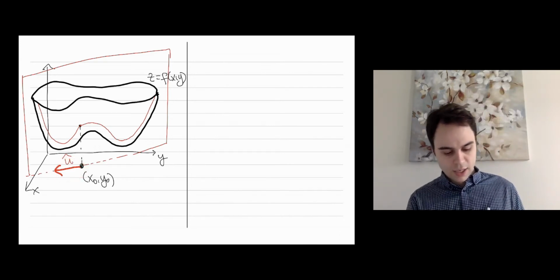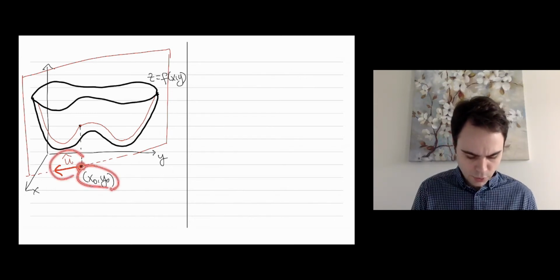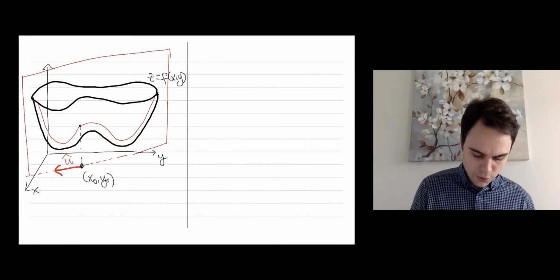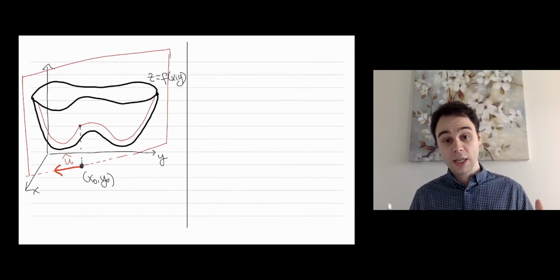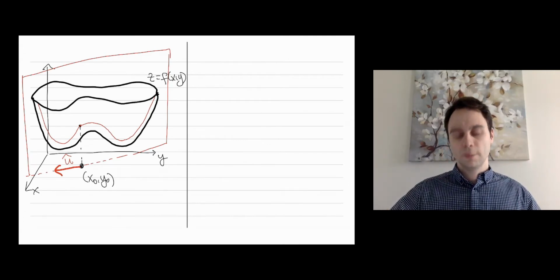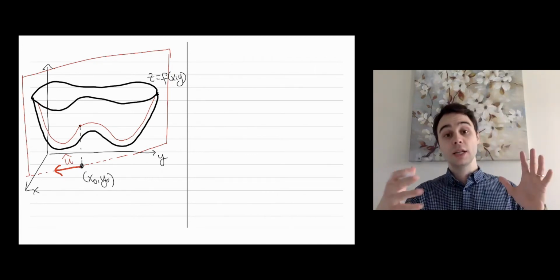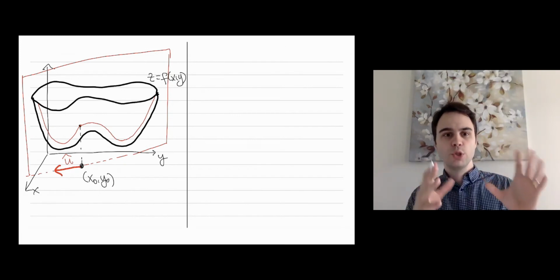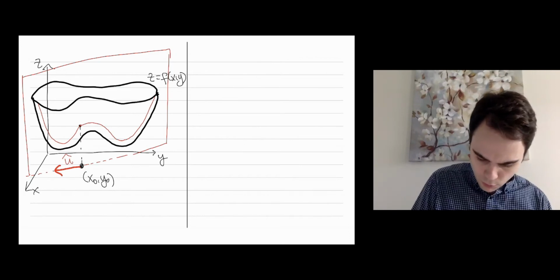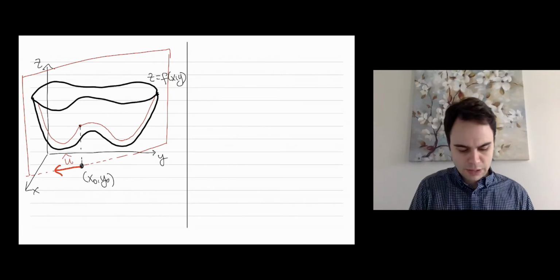I just take a line with slope u, a line that contains x0, y0 and has the direction of u, so this gives me a line in the xy plane. Then if I consider all points in xyz space whose first two coordinates lie on this line, I get a vertical plane. And the intersection of this vertical plane with my graph gives me this red curve.